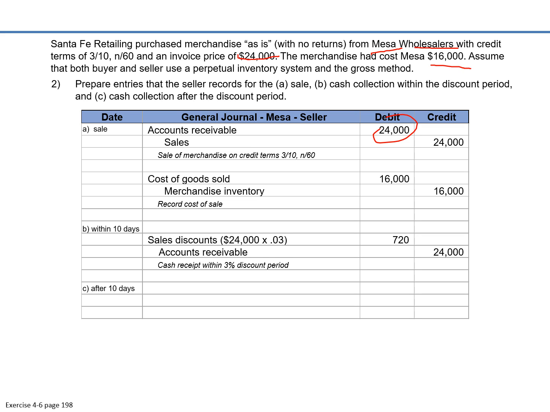We increase contra revenue accounts with debits. And then we're going to record the cash that we received from Santa Fe, $24,000 times 97%, because they paid us within the discount period, $23,280. If they pay us after the discount period, we just record our cash increase of 24,000 and we reduce our accounts receivable with a credit of 24,000. Okay?